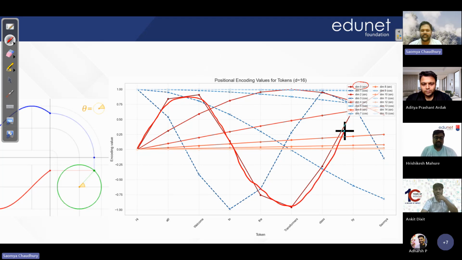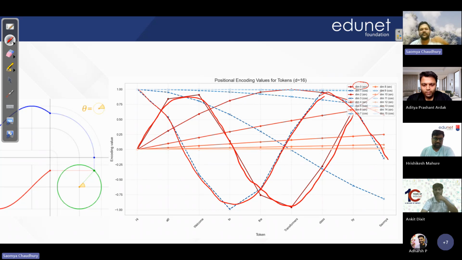Similarly, as I increase, obviously, one and the odd dimensions, starting from 1, you can see there is a curve which pretty much interestingly talks about this.